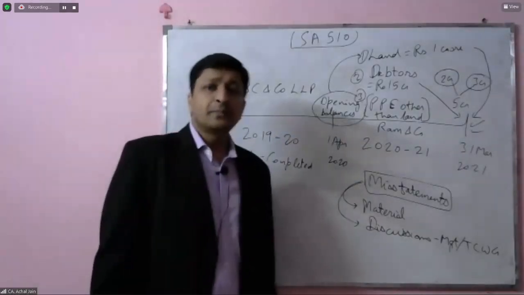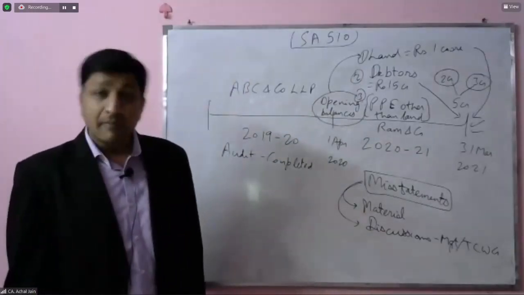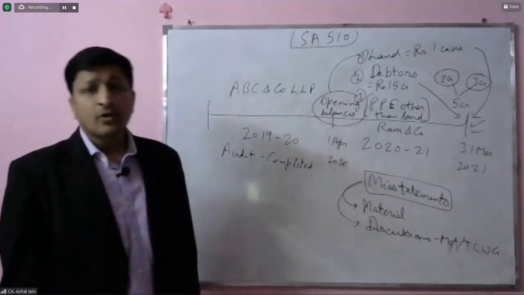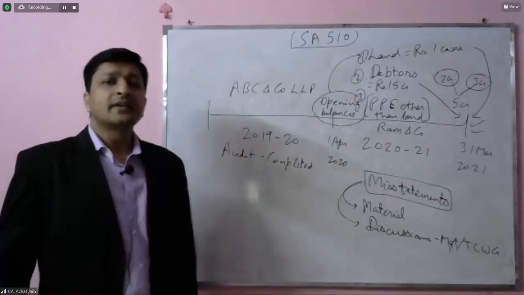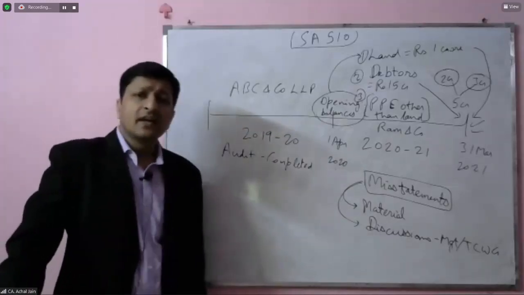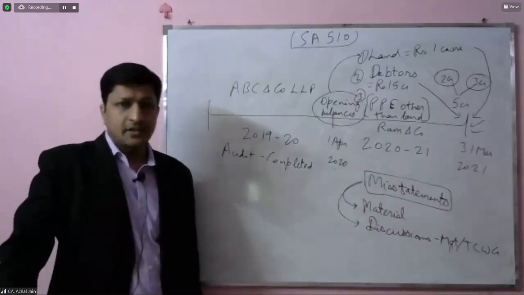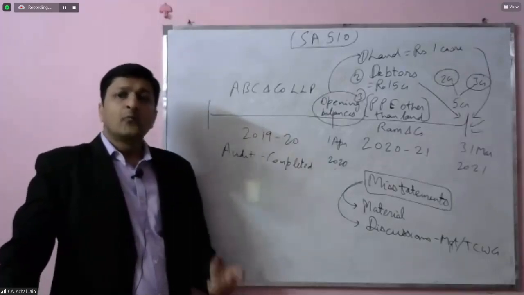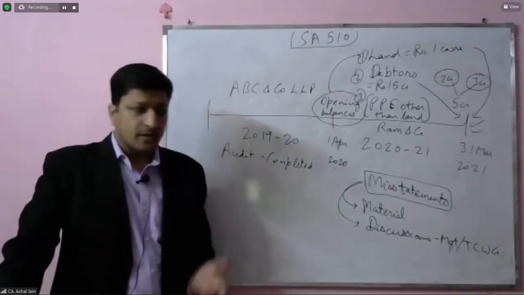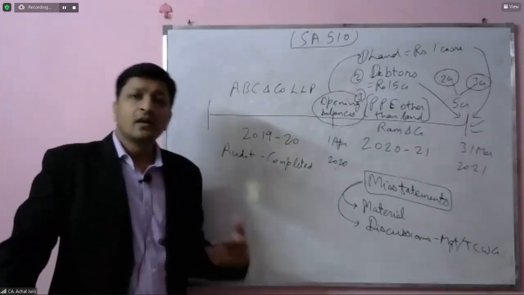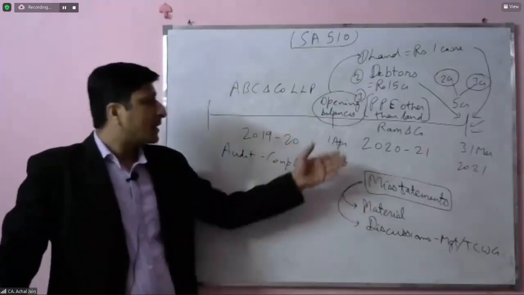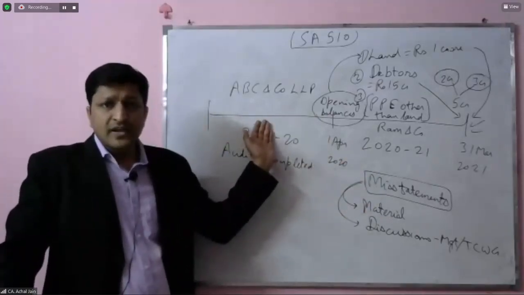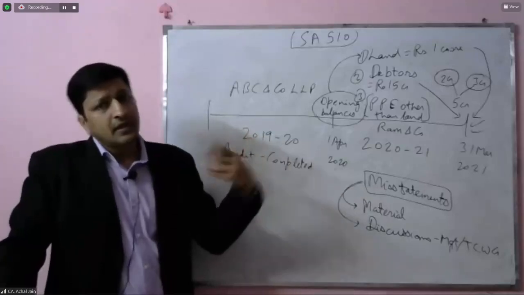Now, in case there are misstatements which are material, then the auditor would need to get those corrected in the financial statements, and their correction would be dependent on the accounting requirement. So that means if the accounting standards require restatement of the financial statements, then those would be restated.